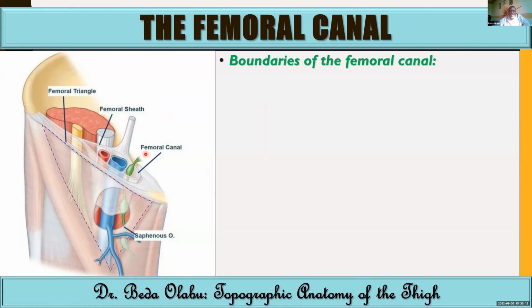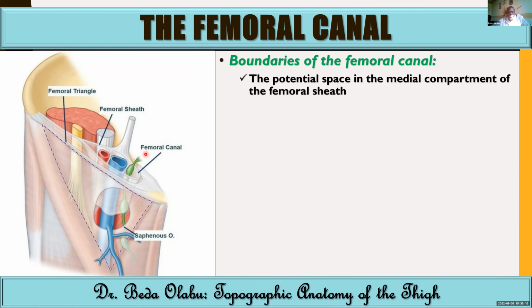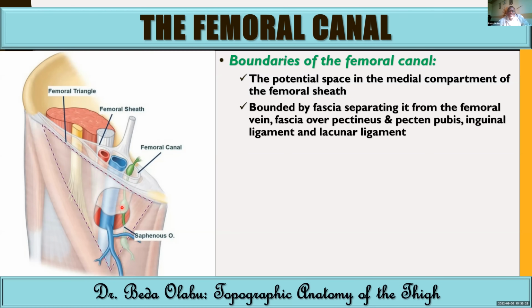So let's talk about the femoral canal in great detail. We've said it's a potential space in the medial compartment of the femoral sheath. And you can see that this space has some boundaries, and you can now figure out the boundaries. Posteriorly, you'll expect pectineus muscle and perhaps the fascia covering it.